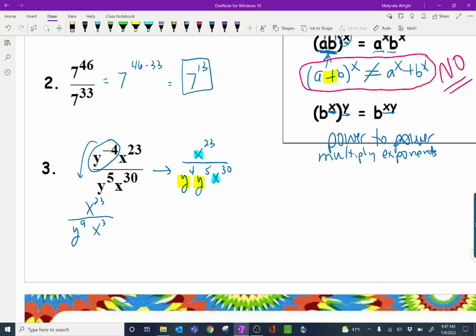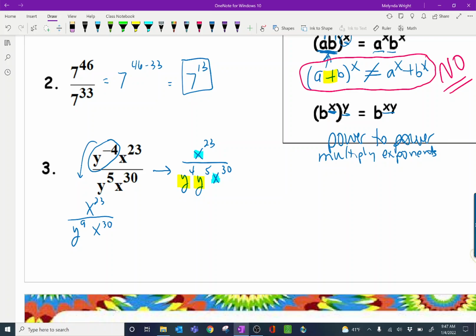Now, we can use the rule, which actually can be a little confusing in this case. I'll show it to you both ways. What I would like for us to think of first, just intuitively, is that I have 23 x's in the numerator and 30 x's in the denominator. If I were to write them all out and cross them out, what would I be left with? We don't really want to write out 23 x's and 30 x's.